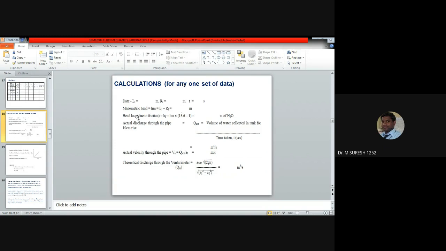Head loss, HF. So directly you can substitute HM into 12.6, with unit, and actual discharge through the pipe. Volume of water collected in the tank is L into B into H. H is the height of the collecting tank water for every 10 centimeter.